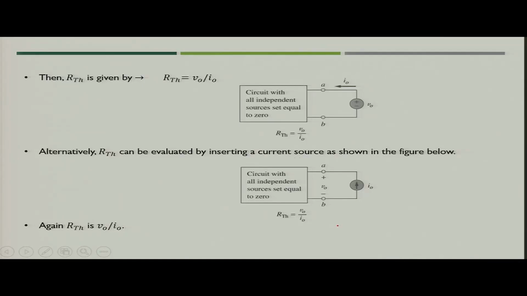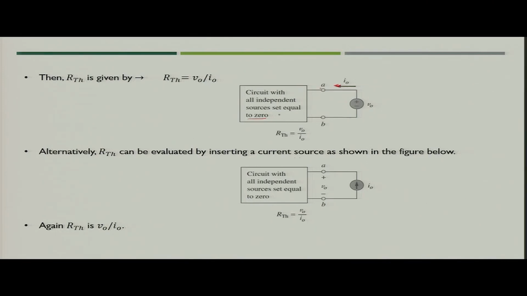What does it mean? If you have a circuit with all independent sources set equal to 0 and all dependent sources kept connected, terminals A and B are supplied with voltage V naught, which will supply some current I naught.